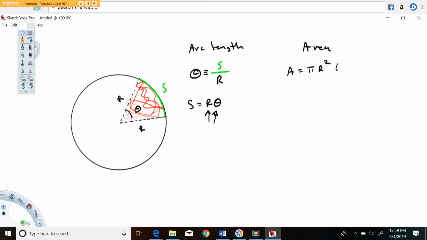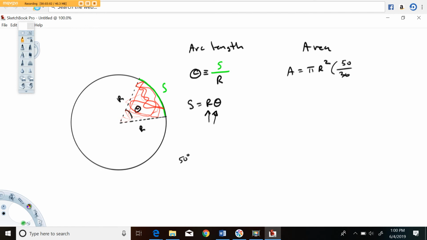What we can use is a process like this to calculate the area for a given angle. Imagine that this angle was given to be, say, 50 degrees. Now remember, that's 50 out of 360. So if we took the total area and then multiplied it by 50 out of 360, we would get the area of that piece of pizza there.